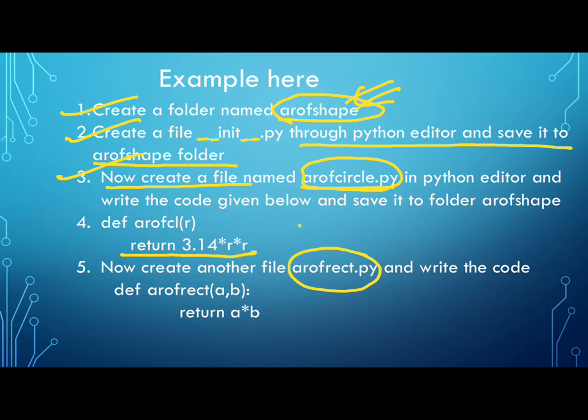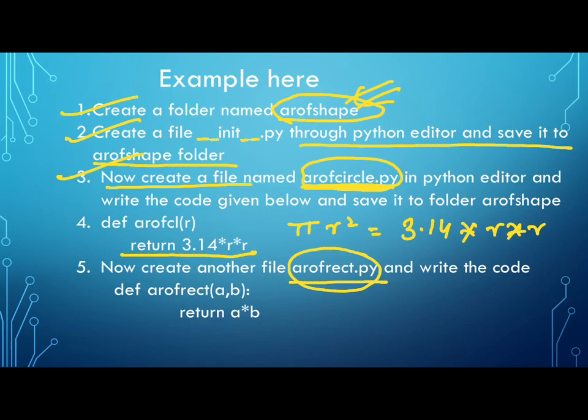What is the area of a circle? Pi r square. It can be written as 3.14, the value of pi, then r into r. So we have created two files, area of circle and area of rectangle.